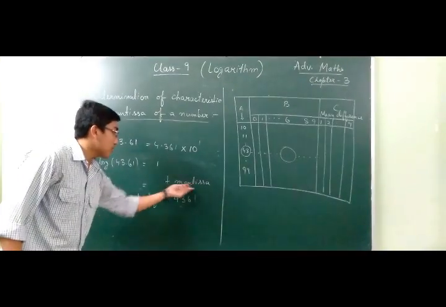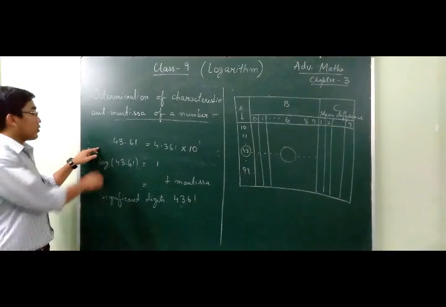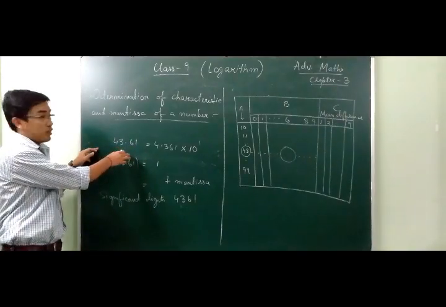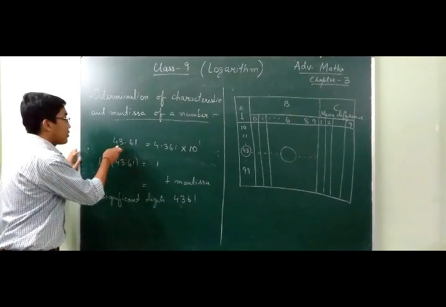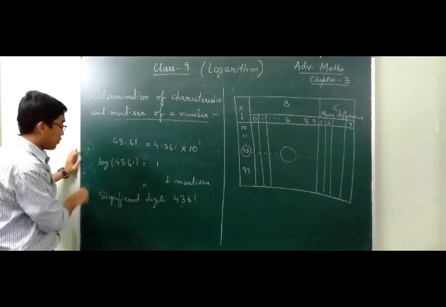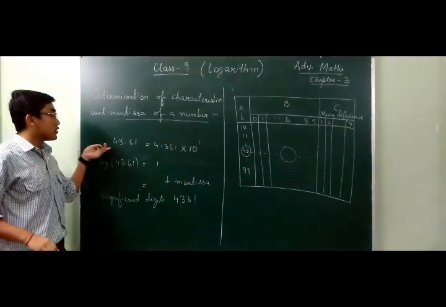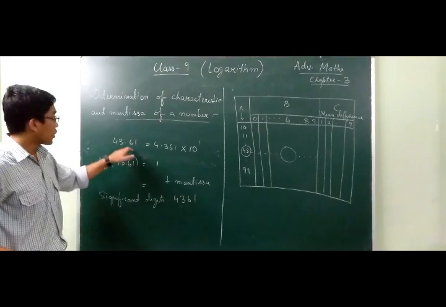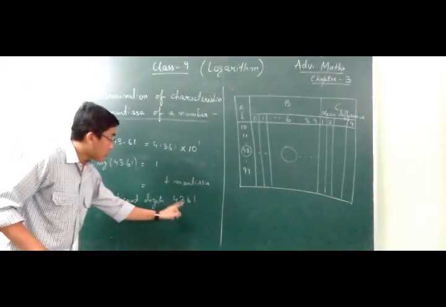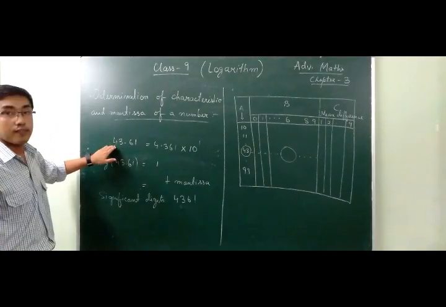To find the mantissa, we look at the number here, 43.61. Here we will consider only the significant digits and forget about the point. So the significant digits of this number are 4361.